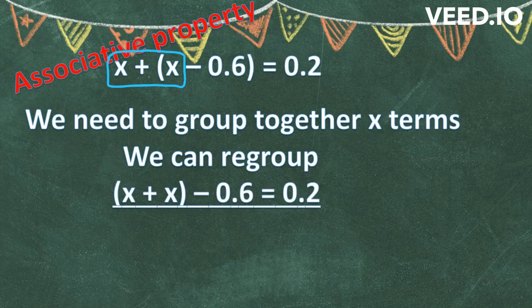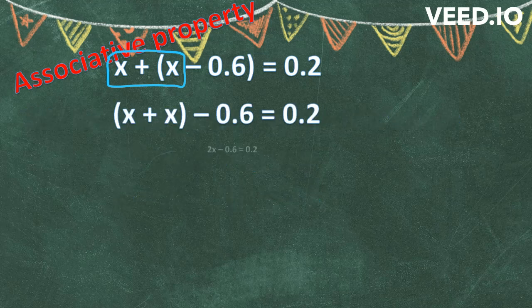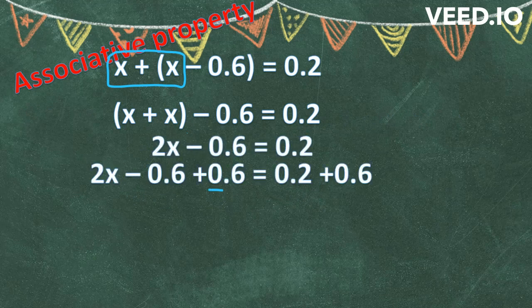We can write the rest of the equation just like that. So this makes 2x minus 0.6 equals 0.2. Let's add 0.6 on both sides. We'll be left with 2x is equal to 0.8, which means let's divide both sides by 2, then we'll get x equals 0.4.